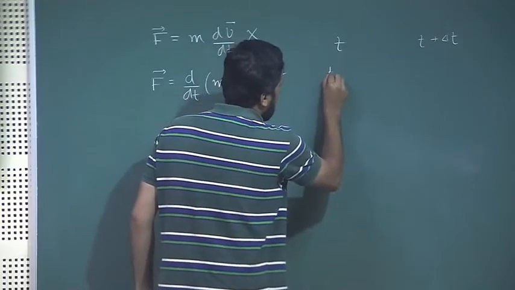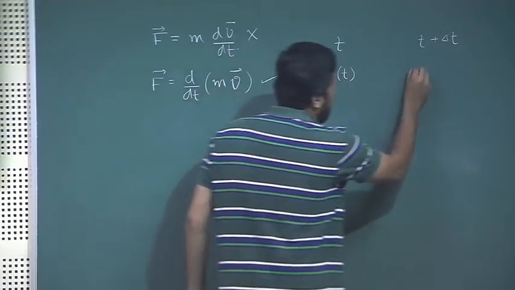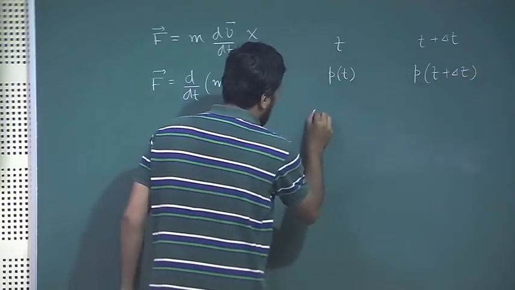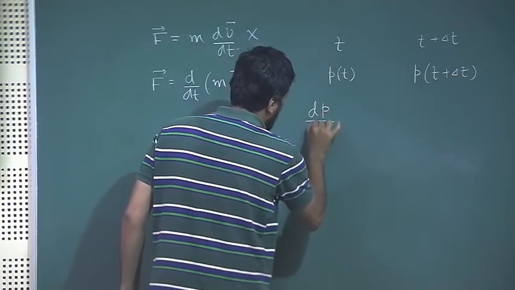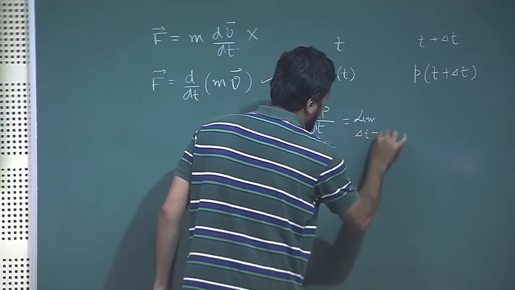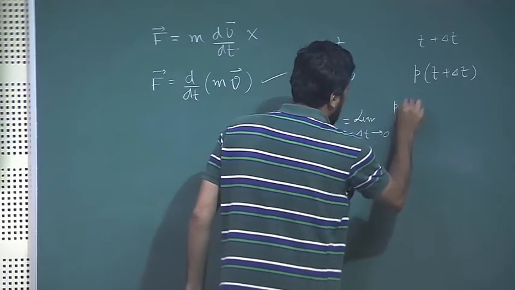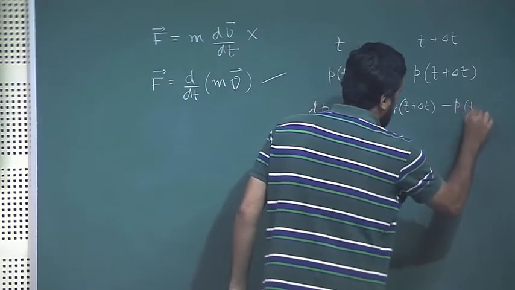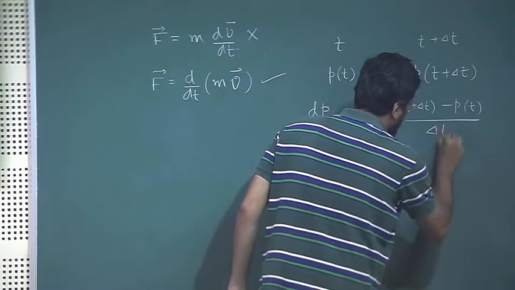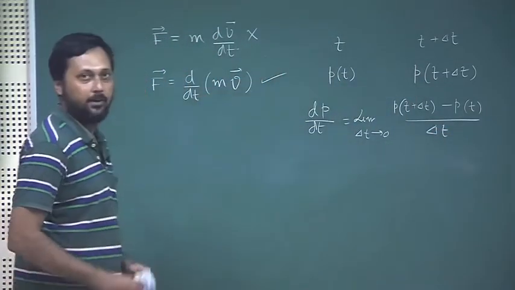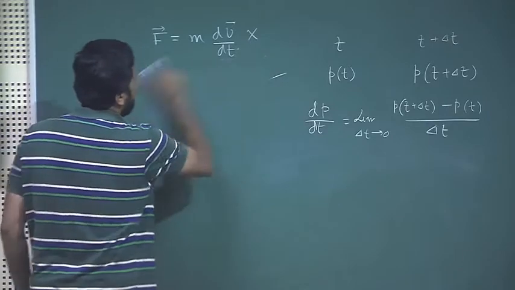So, essentially we compute p of t, we compute p of t plus delta t, then we compute dp dt by taking the limit delta t goes to 0 of p of t plus delta t minus p of t divided by delta t. So, this will be our general treatment for systems with variable mass.